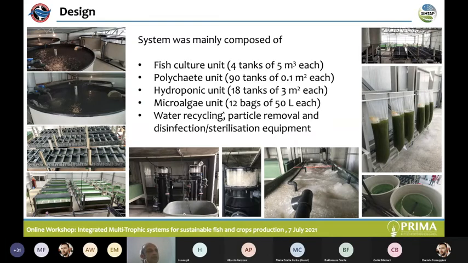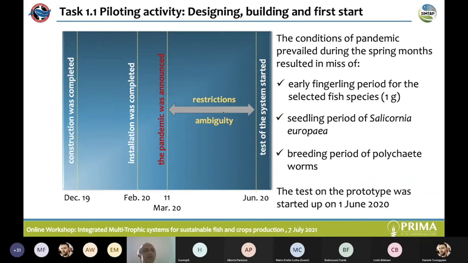Although the system installation was completed at the end of March 2020, unfortunately the work stopped due to pandemic conditions. Therefore, the test of the system was able to start at the end of May 2020. The fingerlings of about 1 gram in early growth stage were not supplied due to the breeding period of hatcheries.